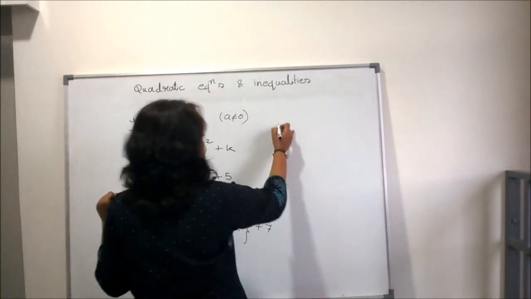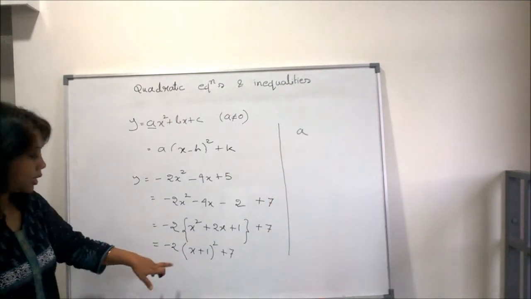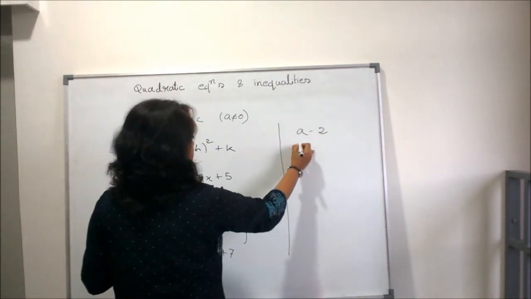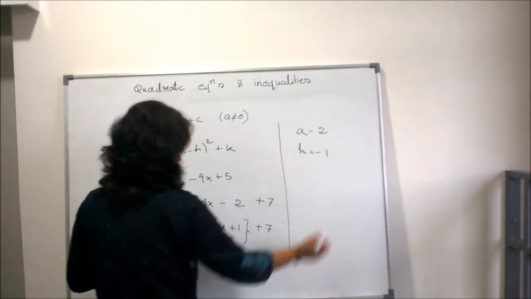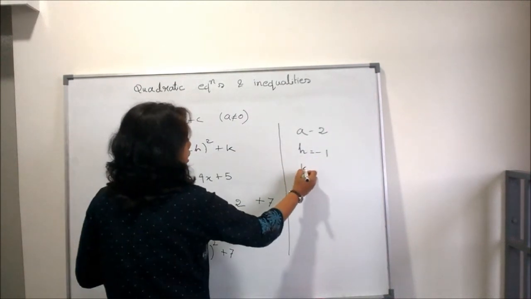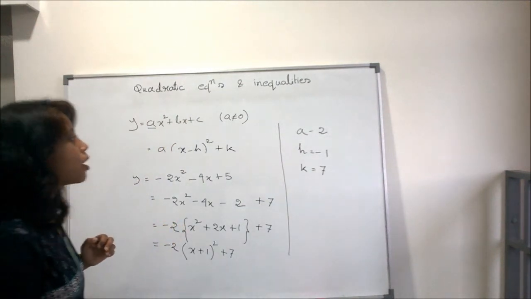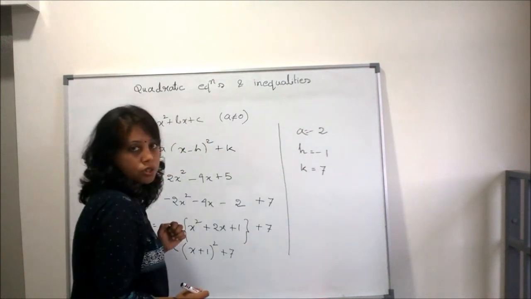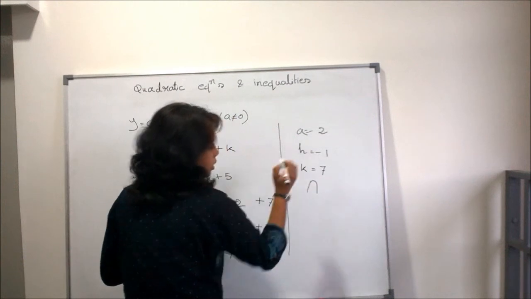So if we now compare these two, what will we get? We will get a is minus 2, h is minus 1, and k is 7. So first of all, as a is minus 2, our graph will look like this.